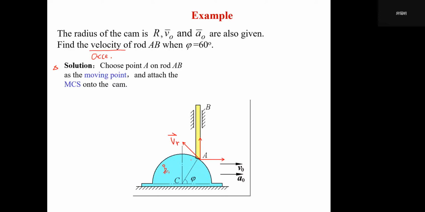Because of the movement of this translational cam, this follower AB will move upward and downward. Because of this fixed slot, it can only move along this vertical line, so it is a translational movement upward or downward.